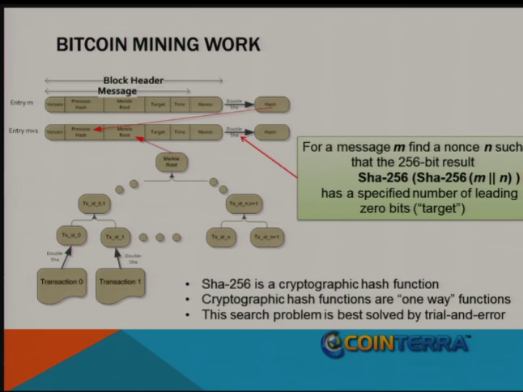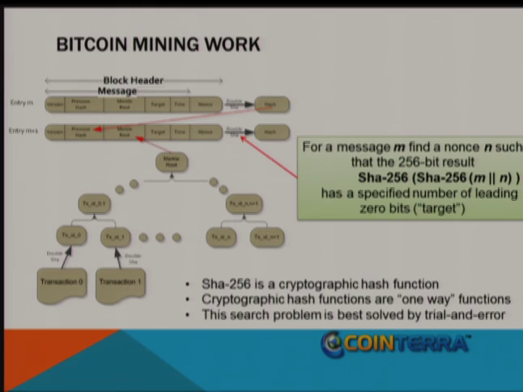So in order to win the right to clear a transaction, a node has to solve a mathematical puzzle. There is a race to solve that puzzle first, and whoever solves it first gets the right to clear the transaction.